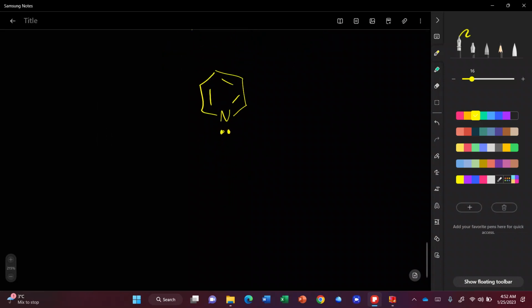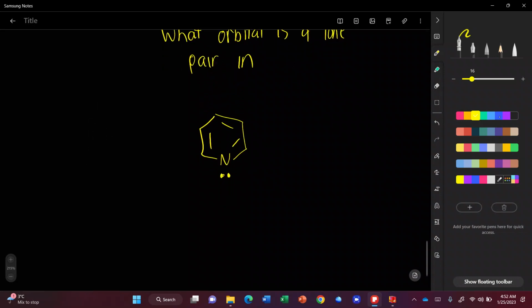Okay. And we can figure this out rationally if we think about what the question is that we're asking ourselves. So, this nitrogen, if we look at it, we would see that it is 1 domain, 2 domains, 3 domains. So what that means is that this nitrogen has 3 domains, so we know that the nitrogen is sp2 hybridized.